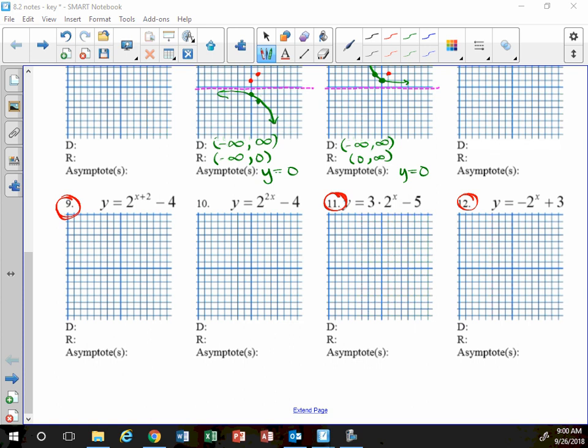So your asymptote. The asymptote goes, that's great.